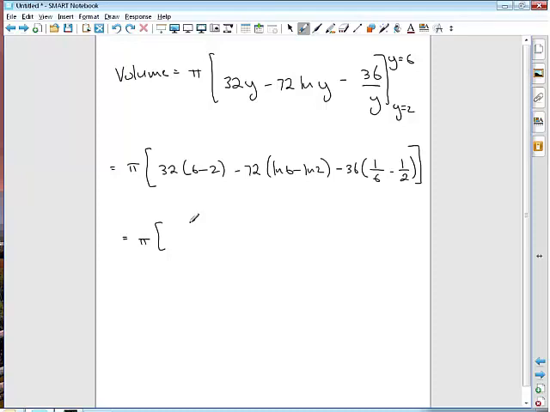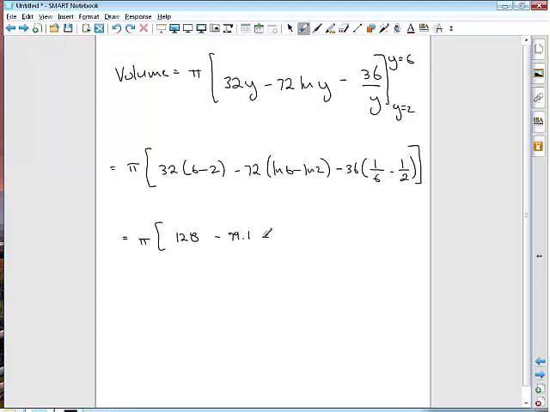So 32 times 4, which is 6 minus 2, is 128. We subtract off, let's see, natural log of 6. Make sure you do these separately. It's not the natural log of the quantity 6 minus 2, it's the natural log of 6 minus the natural log of 2, which is 1.0986, and you multiply by 72, and so we get negative 79.1.